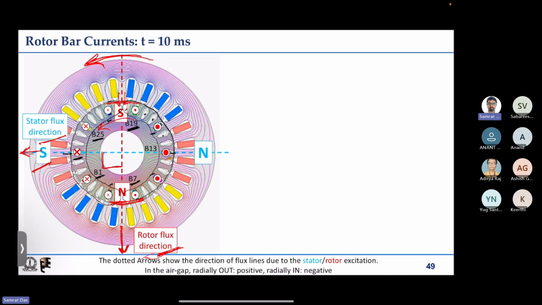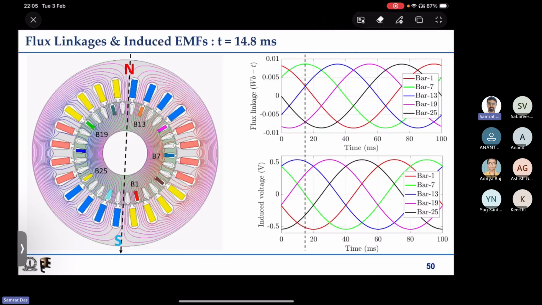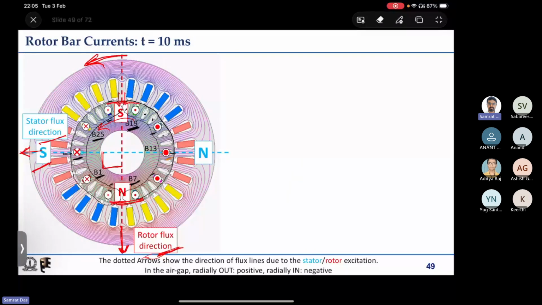But in order to determine which one is leading or lagging, we have to actually look at the field in the air gap, and we have to define some reference directions. So let us try to do that, to see which field is leading and which field is lagging in this case.